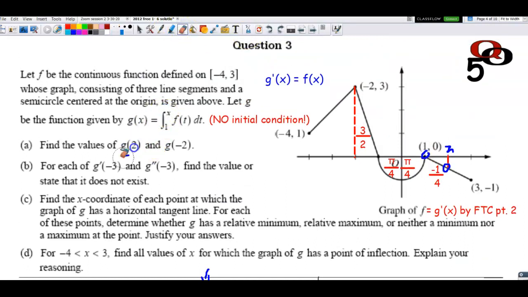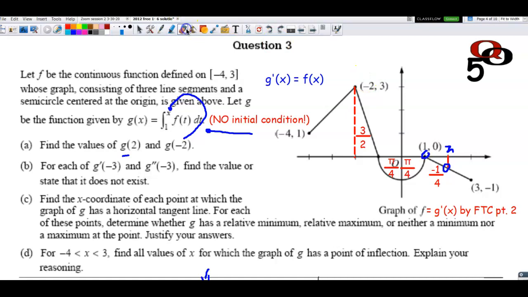All right, then we're going to go to g of -2. So for g of -2, I'm going to substitute -2 in place of x, meaning I'm going to go from 1 to -2. So remember, I'm going in the opposite direction. I'm going from right to left. So whatever areas I find, I'm going to have to reverse their signs. So we're starting again.